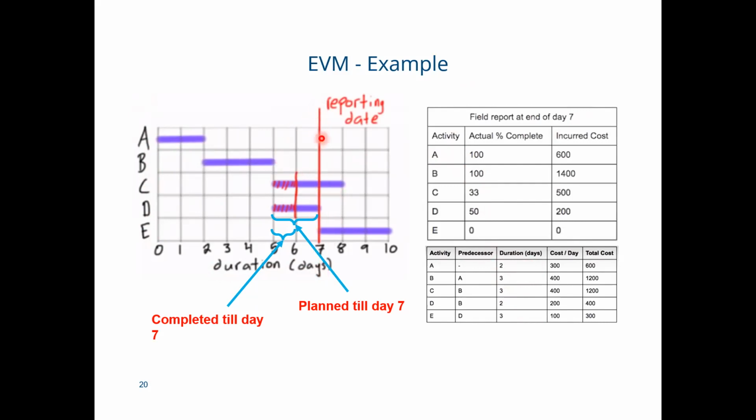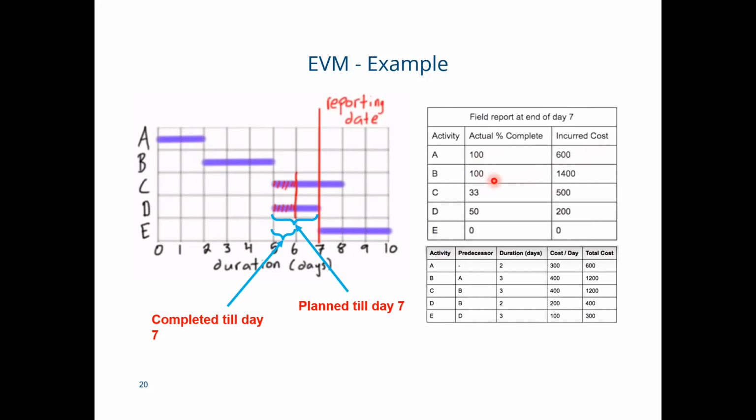So here we draw a red line, which means this is our reporting day. We are evaluating activity A, which needs 2 days. It is completed according to the report. Activity A is 100% completed. And what is the incurred cost? It is 600, right?